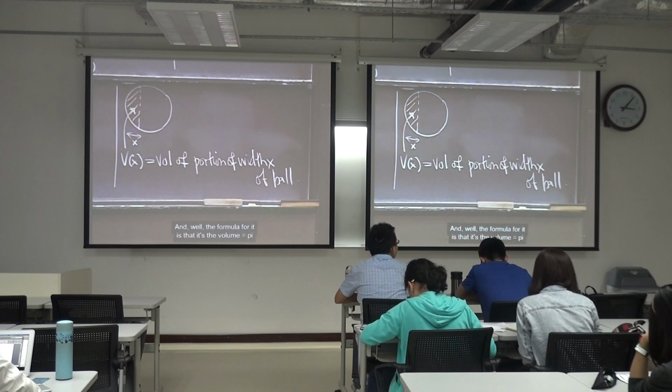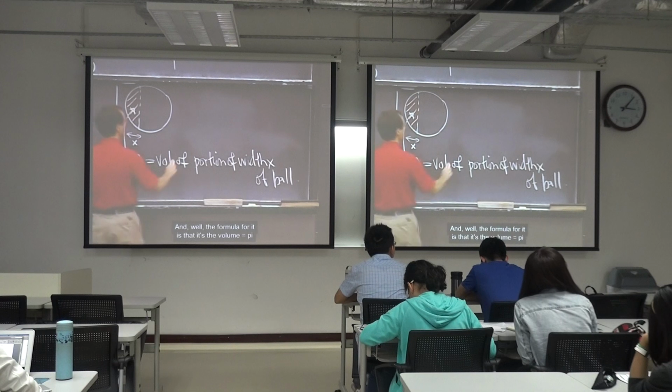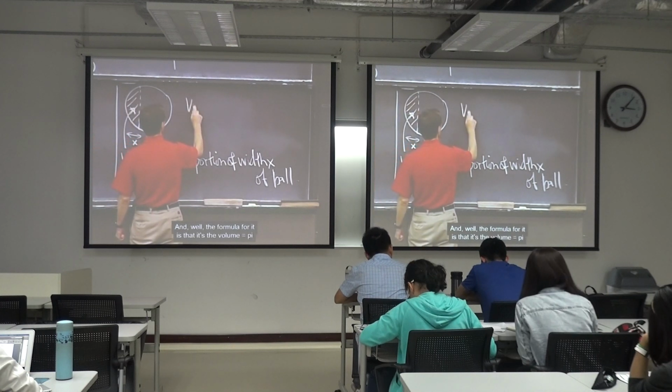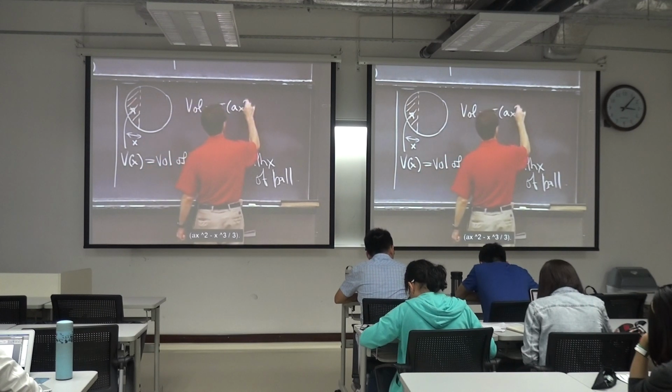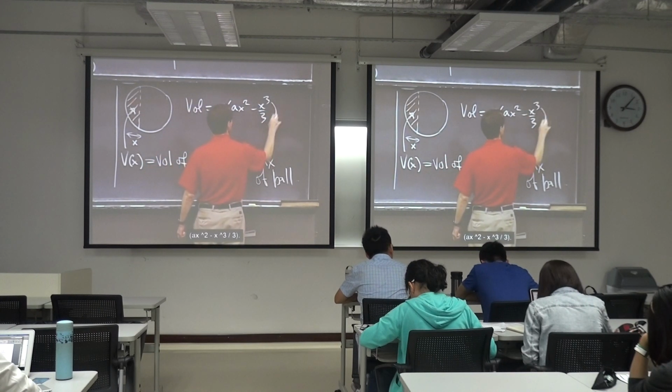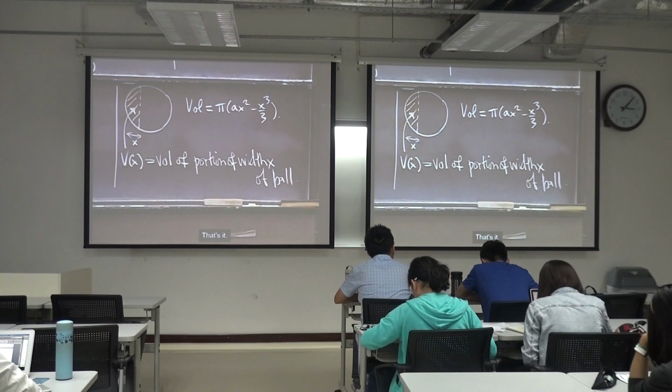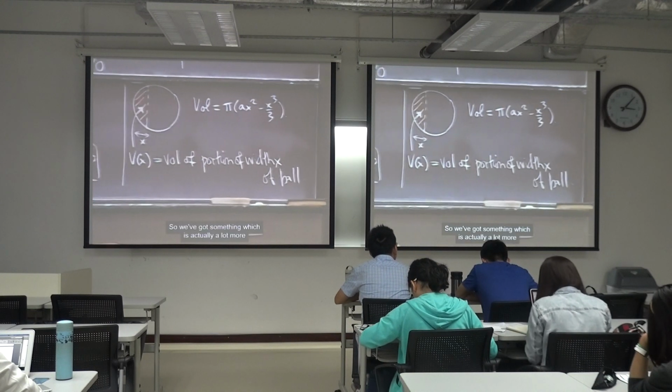And, well, the formula for it is that the volume is equal to pi times (ax squared minus x cubed over 3). That's it. So we've got something which is actually a lot more information.